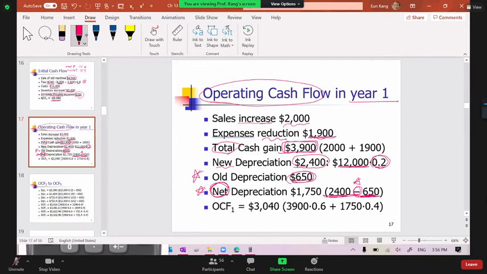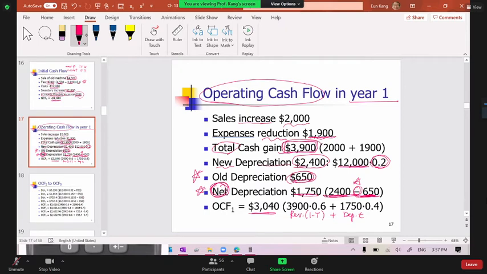So OCF is revenue times 1 minus T plus depreciation times T, right? But this depreciation is net depreciation. New depreciation minus old depreciation, 1,750 times 0.4.